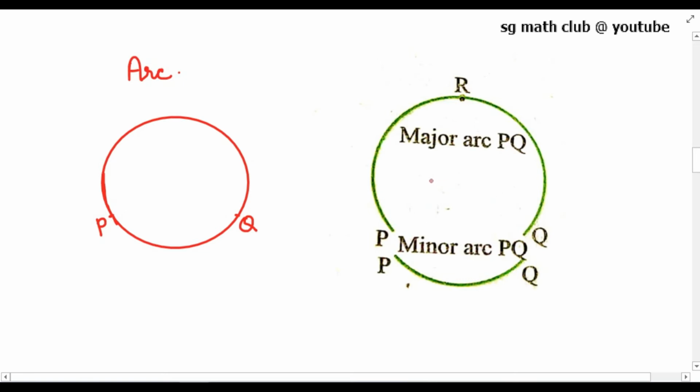The smaller or shorter one we call the minor arc, and the longer one we call the major arc.